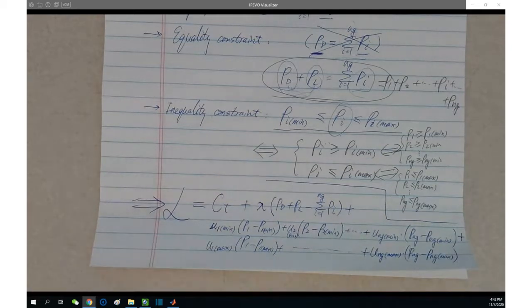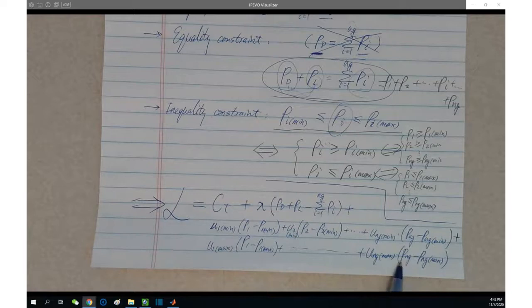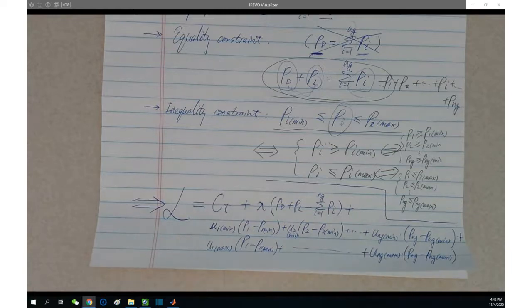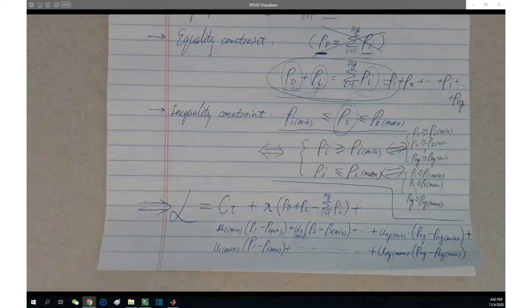Finally, done. So this is how you build up the Lagrange function including the power loss and the generator limits. Any questions? Does everything make sense?